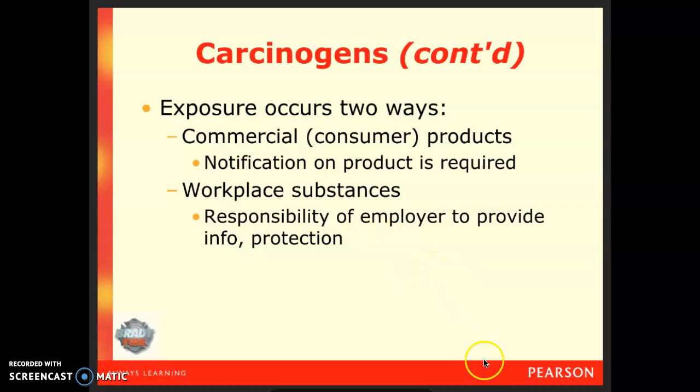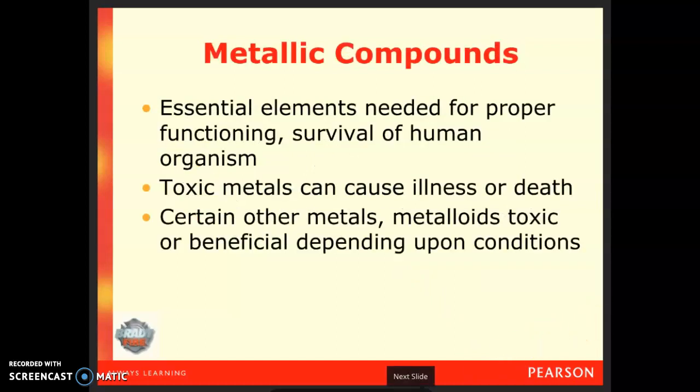The last common toxic materials that we're going to look at are metallic compounds. Now, metallic substances are things that you do need. You do need certain concentrations of metals in your body to perform essential functions of your body systems. However, most metals are toxic if we go above a certain threshold, a certain concentration, a certain dosage.